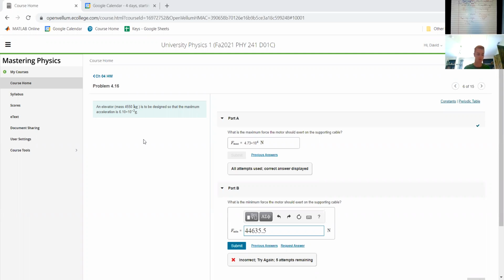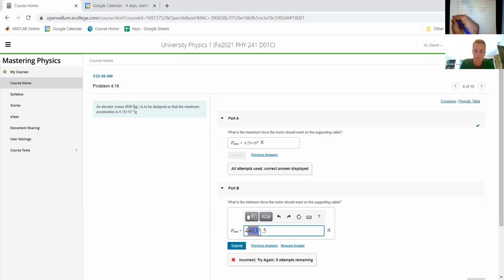I'll just let you explain it to me because I already know what my thought process is. Okay. So what we have here is a problem of Newton's second law. We have an elevator that's going to be going up. The mass of the elevator, M, is 4550. And the acceleration is 6.10 times 10 to the negative 2 g.